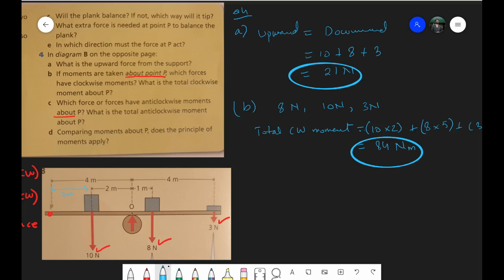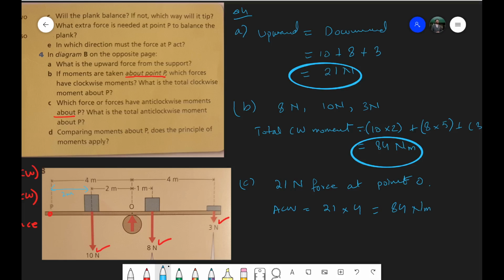So we can write in our answer 21 Newton force at point O. Alright, what is the last? They were also asked what is the total anti-clockwise moment? Well, again, how do you calculate the moment? You just take the force and the distance from the pivot, which is 4, and that also gives us 84 Newton meter.